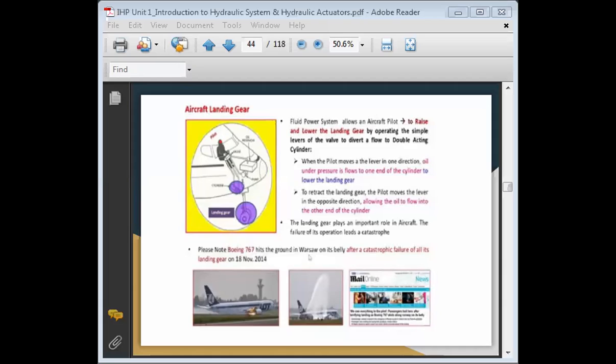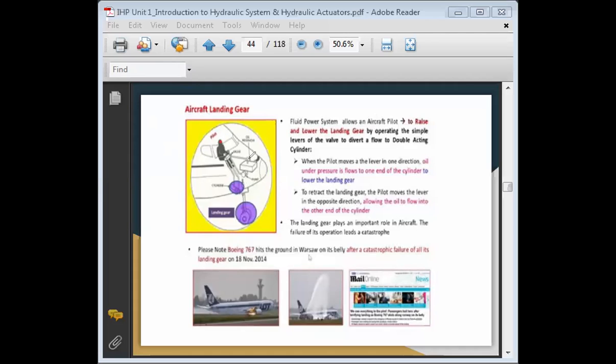Based on the requirement, he can raise the landing gear up and down. So to do that movement, he needs to divert the fluid to your double acting cylinder.